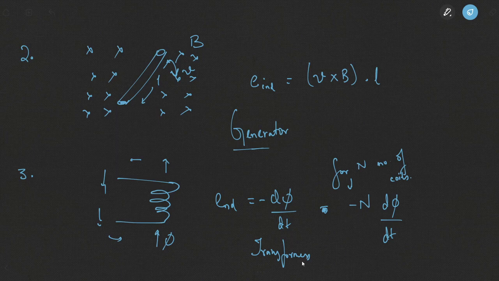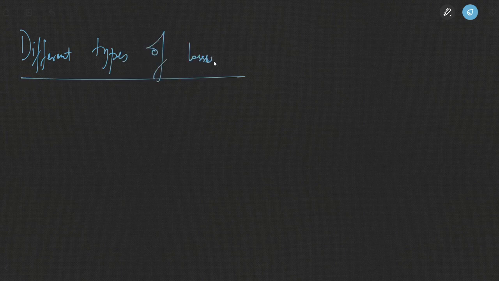You need to remember the basic terminologies associated with rotational motion. You need to remember these different principles of operation. These will form the basics of any machine. Apart from this, you need to remember different types of losses associated with the machine. Copper loss and core loss.